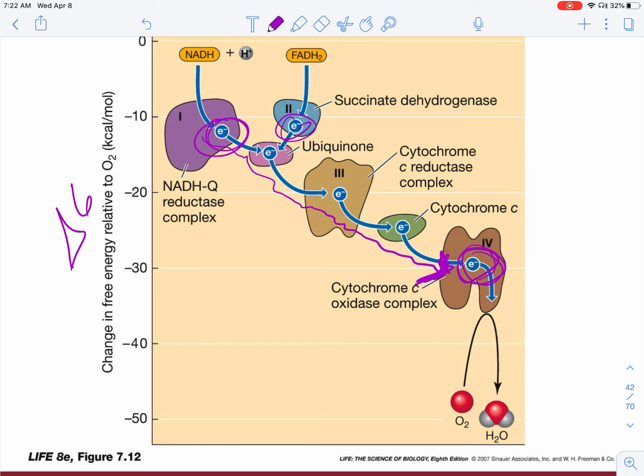And that energy is being used to drive those protons. This low energy electron here must be picked up by oxygen, because electrons are powerful stuff and they just can't sit around like that. And so that electron is used to reduce oxygen to form water with a couple of other protons floating around in the matrix.